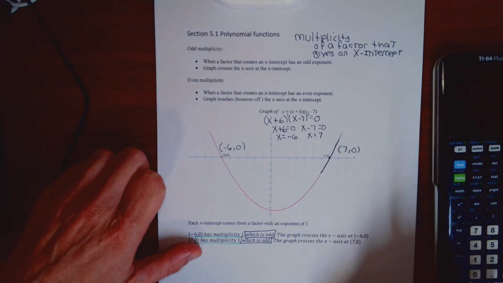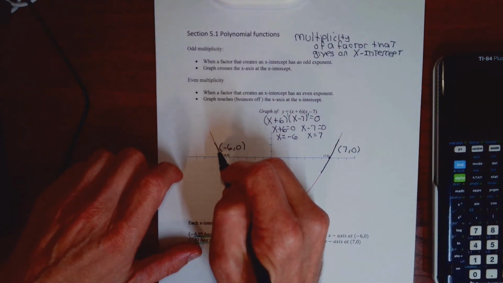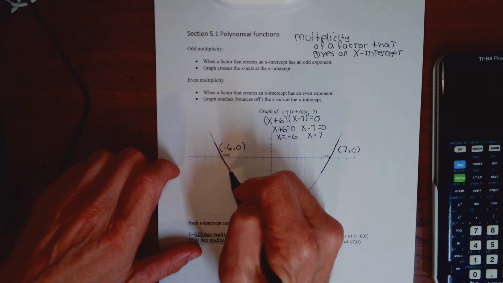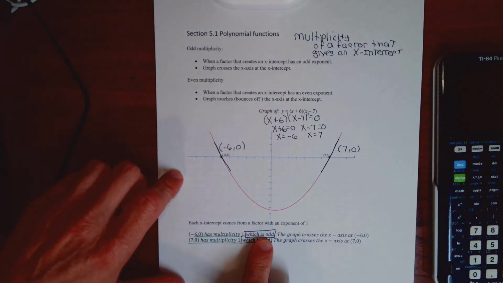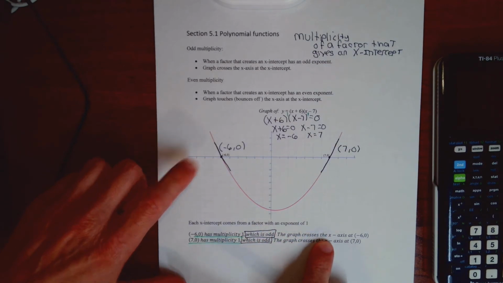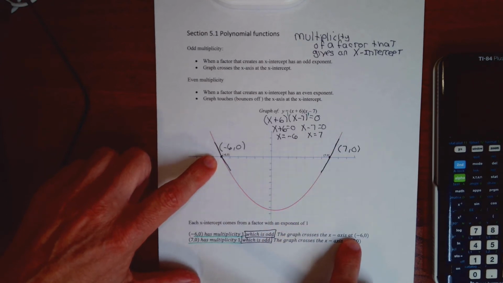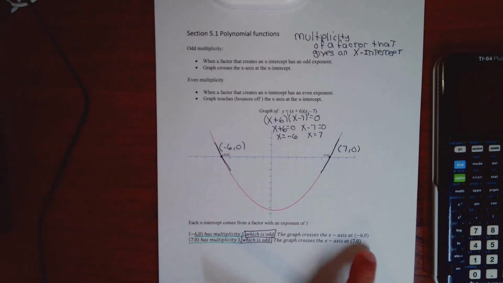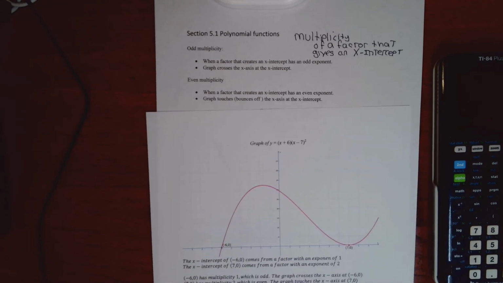Both exponents have odd multiplicity, or multiplicity of 1, and at each of the x-intercepts the graph physically crosses the x-axis as opposed to not crossing. Let me show you what I mean by not crossing in another example that's remarkably similar, with just one small tweak to the exponent.